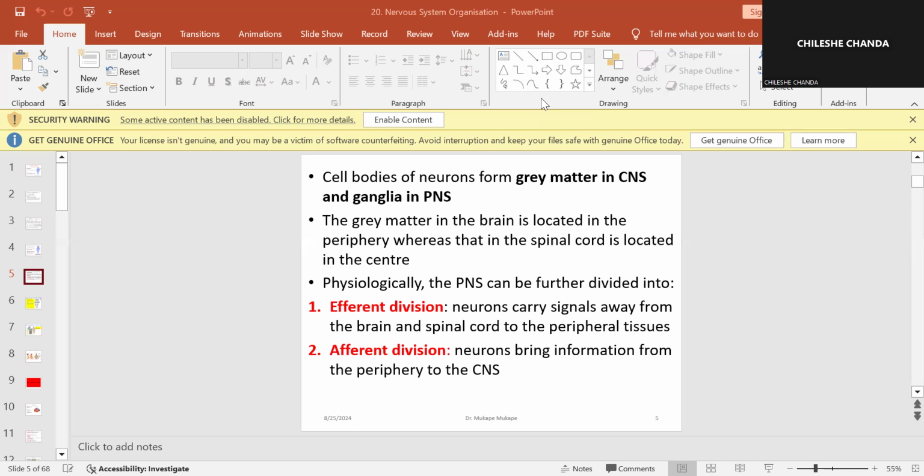So if we have a neuron that is bringing impulses all the way from the brain or the spinal cord to a particular part of the body, like maybe the sphincters or the muscles, all those neurons are in the efferent division or the motor division, the one that carries impulses from the central nervous system to the peripheral nervous system.